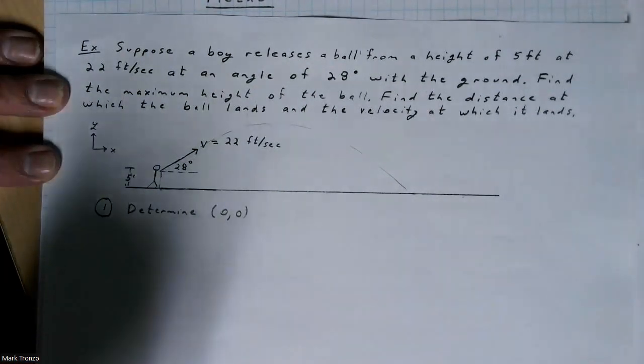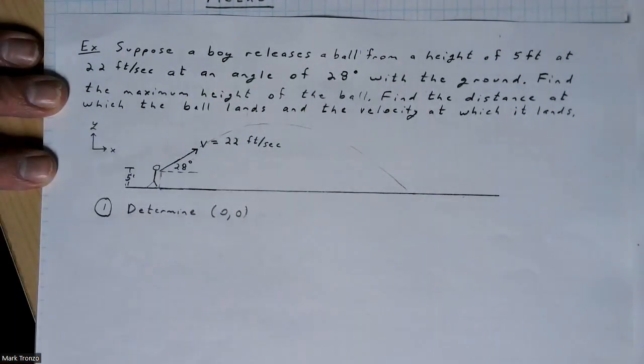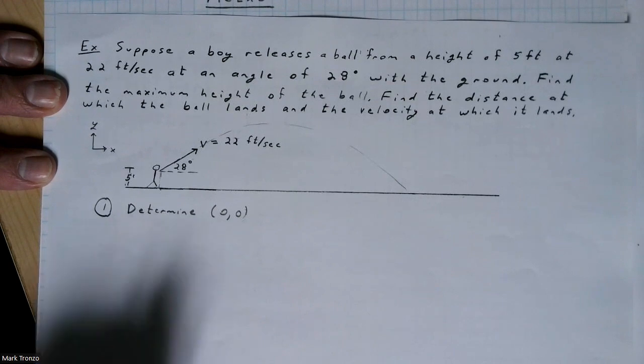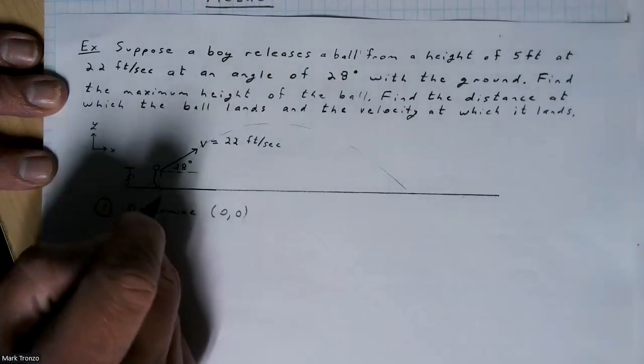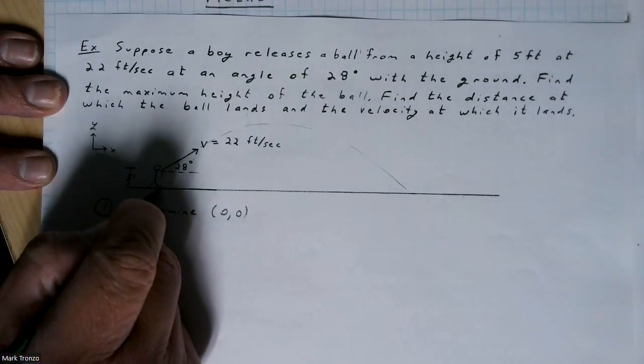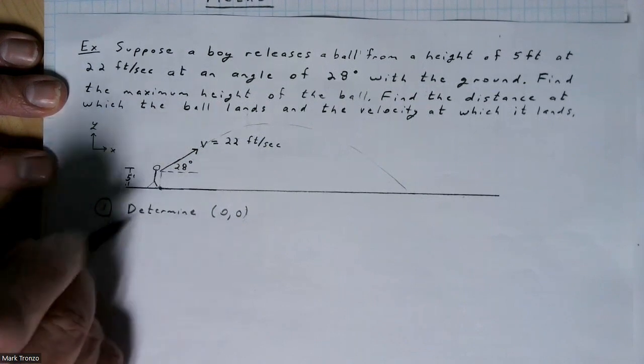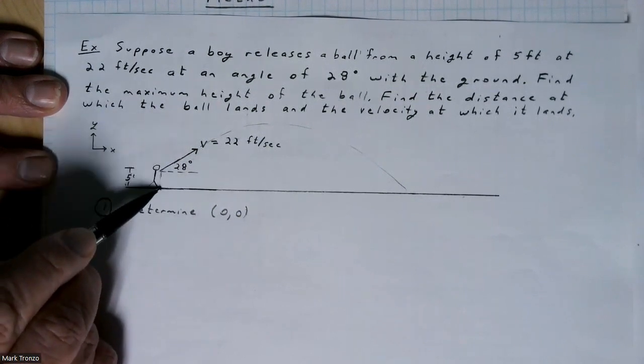Now, depending upon the problem, one may be a little bit easier than the other, but usually I would pick right below here on the ground where the ball is being released.